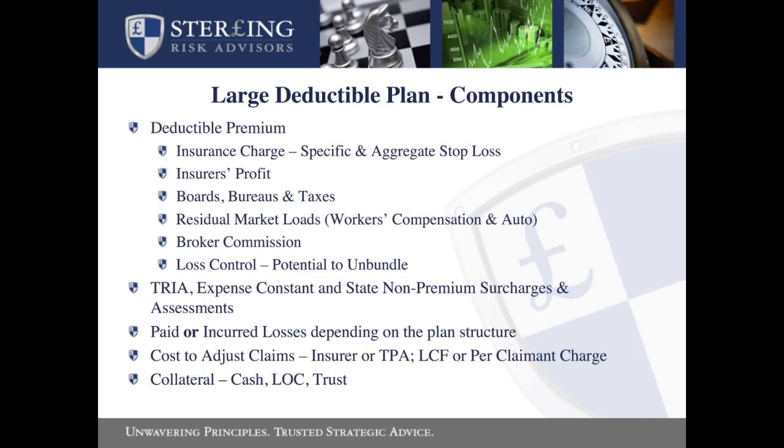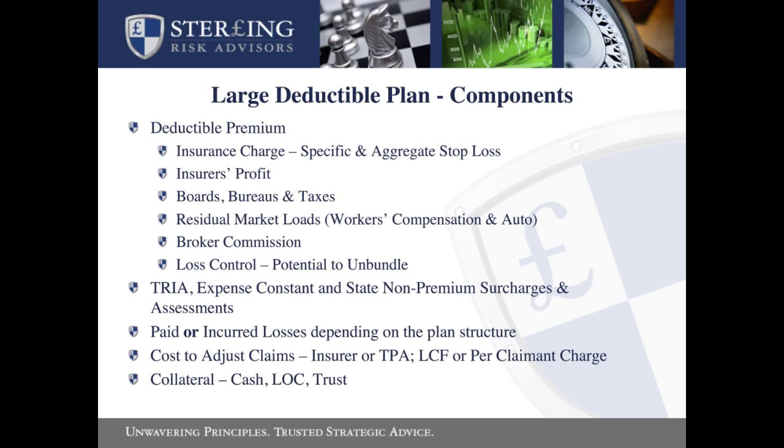There'll also be TRIA, which is terrorism, expense constant, surcharges, and assessments. And the way these can be structured is you can pay as you go on paid losses or incurred losses. Incurred losses are paid plus reserve. So different companies will structure them differently depending on an insured's needs.